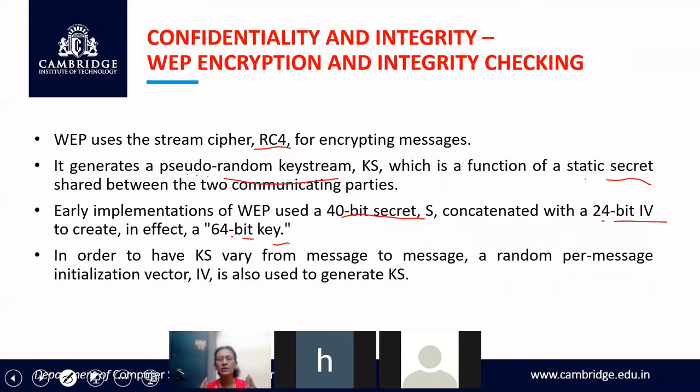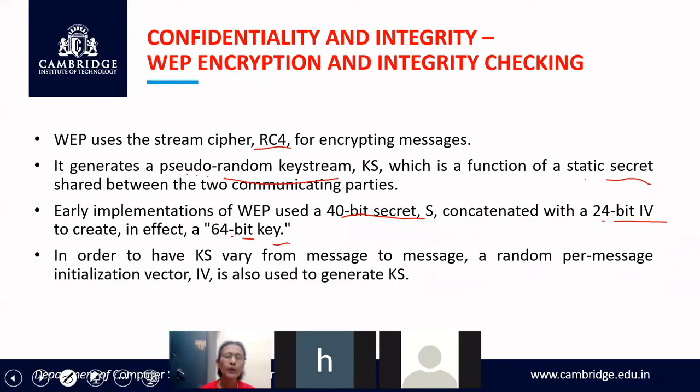Now, this 64-bit key, of course, the size is very small, one thing. Secondly, this shared secret is common. We said the AP shares the same secret with all the mobile stations. So all the mobile stations have the same 40-bit secret key. So the only variant is this 24-bit initialization vector. And if that is going to be the same for all the messages that the station is going to send to the AP, then it is very easy for an attacker to get hold of this 24-bit IV.